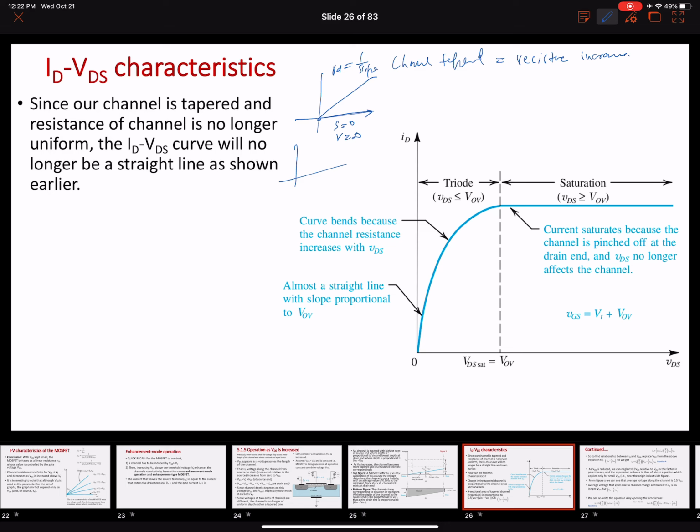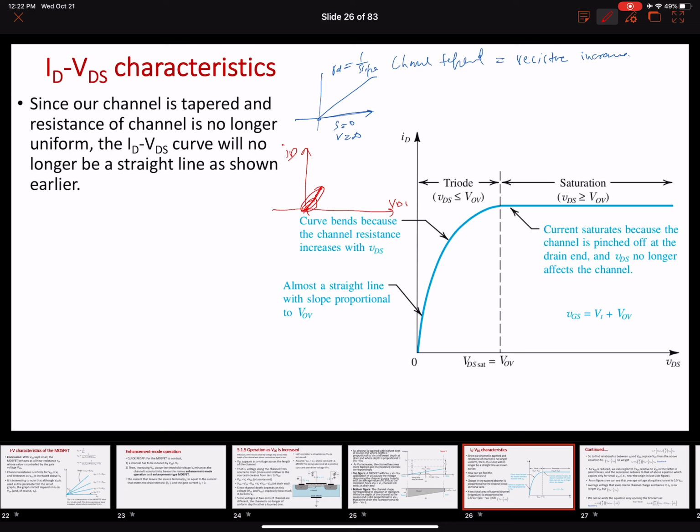Okay, so if I have to redraw this curve, I start with a straight line, and this is VDS and this is ID. I started with a very small value of VDS. The resistance of the channel is uniform, so I am getting a linear line.